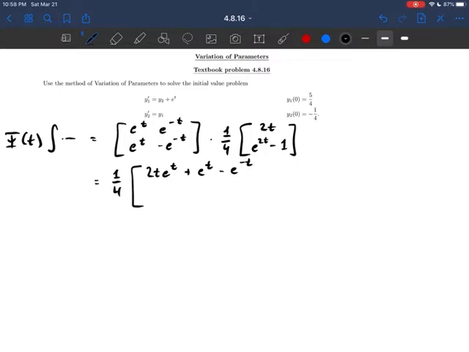Let me just check my work. Yep, that looks fine. Then we do the same thing in the second row. So we have 2t e to the t, and then minus e to the t plus e to the minus t. And that's the entire second term there.